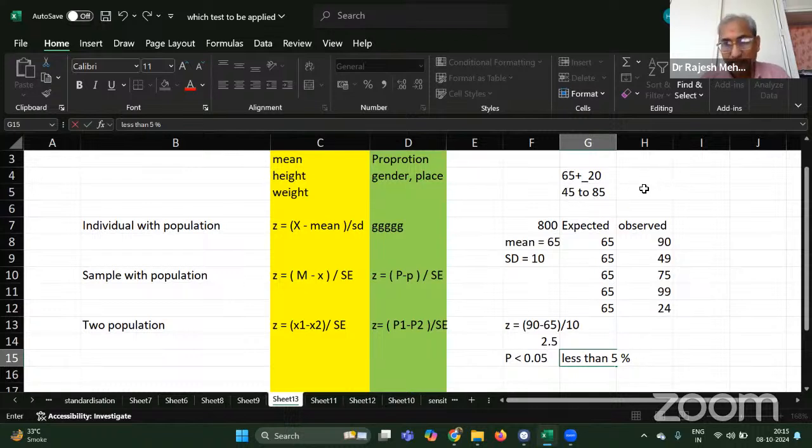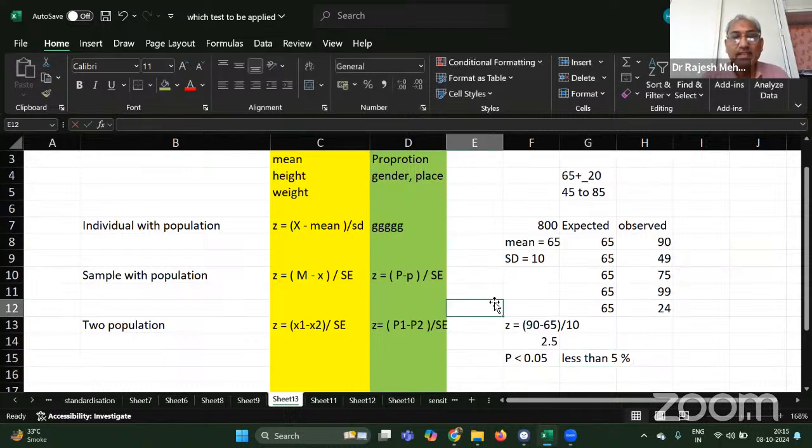So if they are outside the range, that means the likelihood that they belong to this group is less than 5%. That means it is significantly away or significantly different from the group. So this is how we are using the Z test over here. We are finding out the observed value, the mean of the group, and the standard deviation.